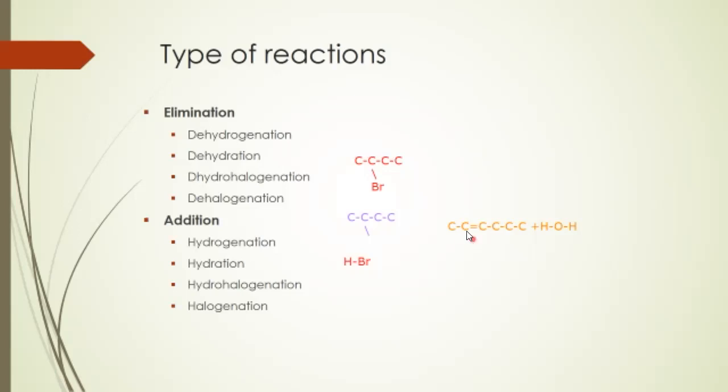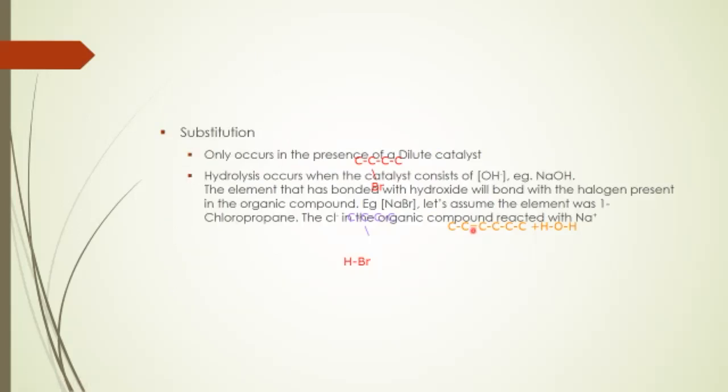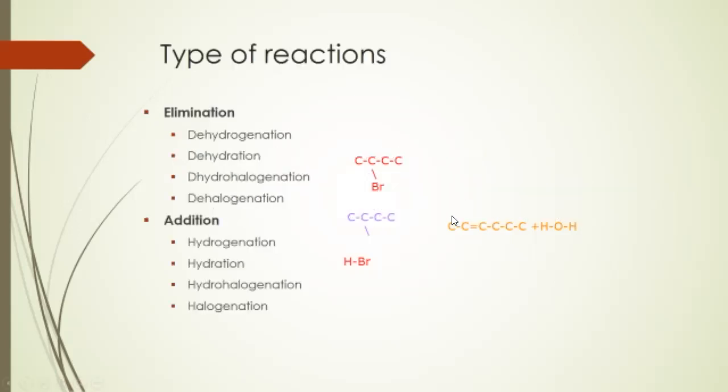So it's gonna go there or there, it doesn't matter. Then your OH is gonna go to the one with least hydrogens, because it's an OH. It's not a hydrogen.